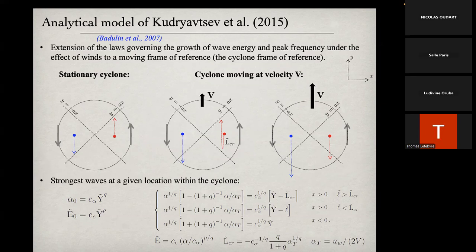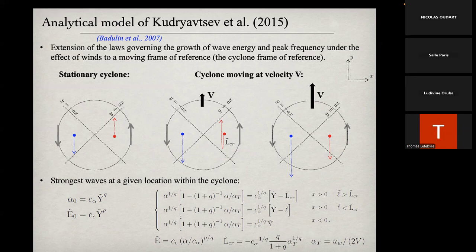In the stationary case, the waves generated on the right and on the left will just grow in the same way, moving forward or backward. Now, if the cyclone is moving up the slide at the velocity v, a wave which is generated on the right will first move backward in the frame of the cyclone because it moves slower than the cyclone itself.